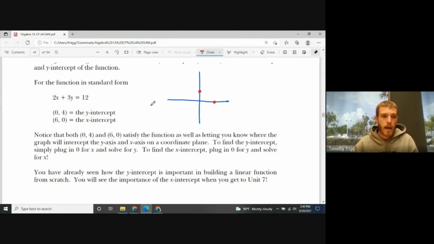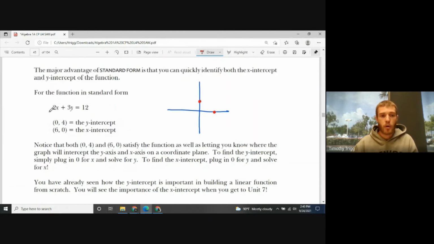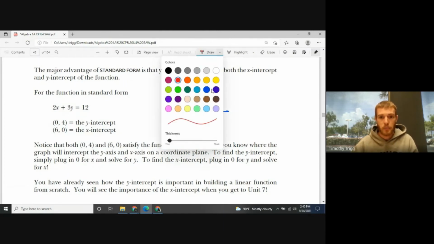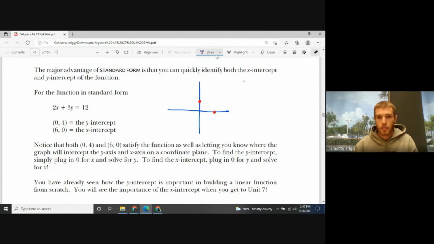Okay. Now, when you're in this form, this is different than the form we saw before. The form that we saw before was y equals mx plus b, right? This is the form we were using this whole time so far.